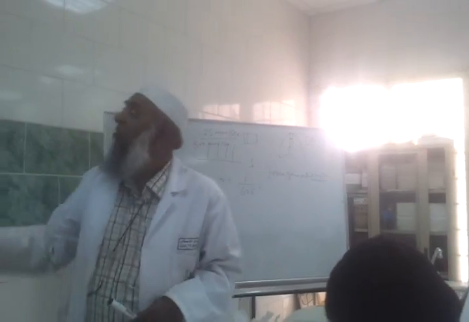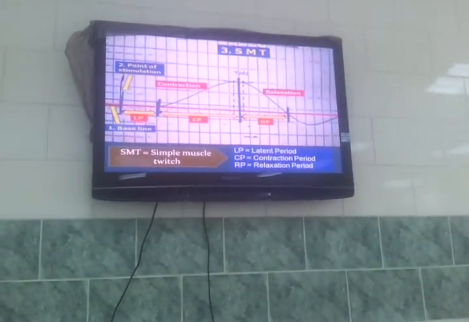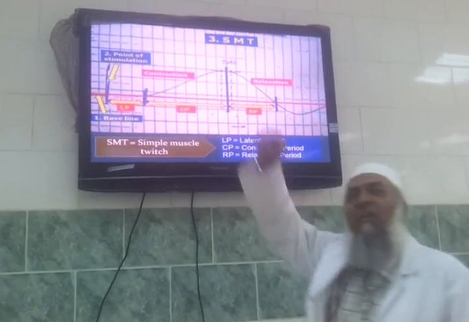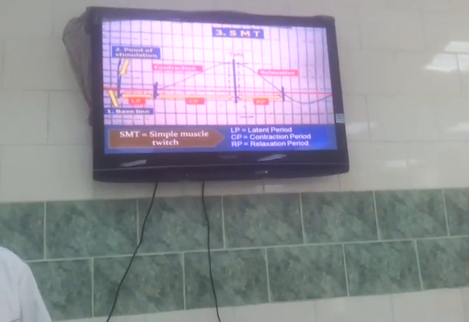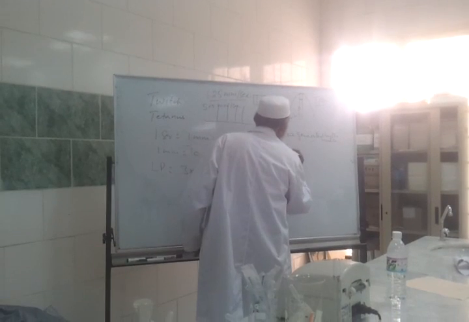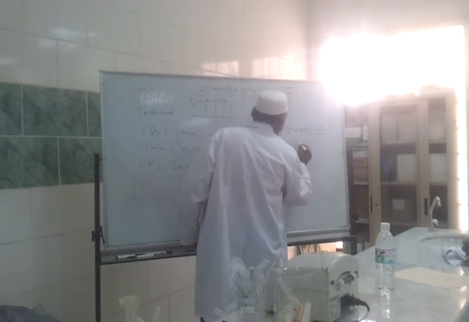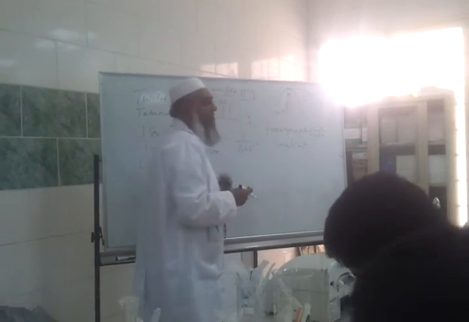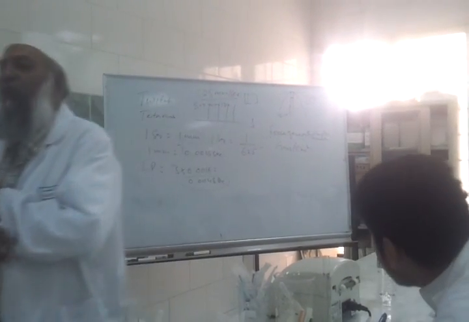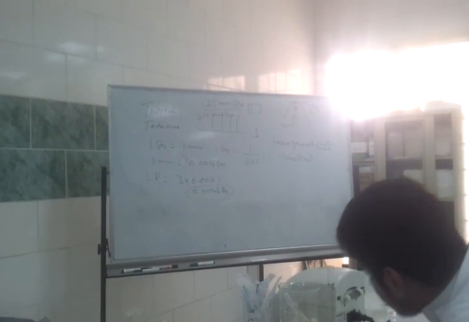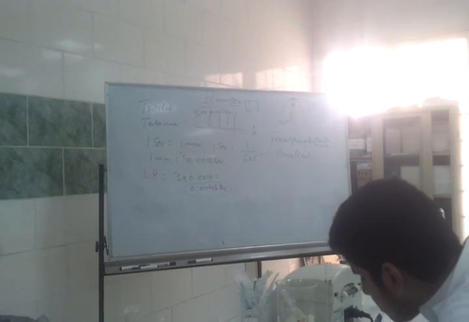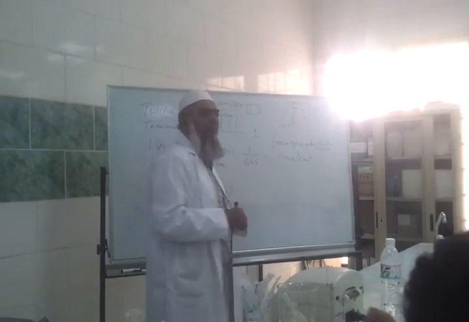This is the curve that we recorded, but we don't know here how much force the muscle generated to make a curve like this, and the force generated by the muscle is recorded in grams per centimeter square. Remember the unit, grams per centimeter square. How to calculate the force generated by the muscle?